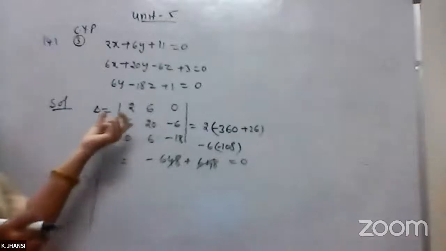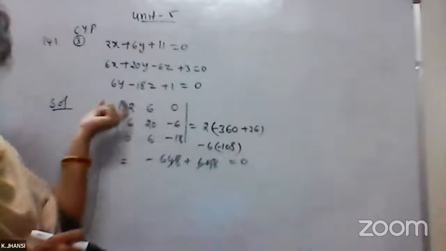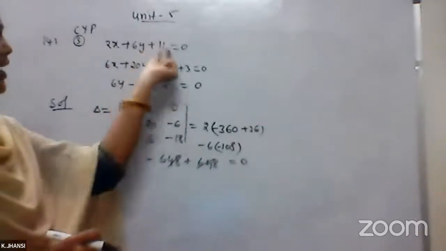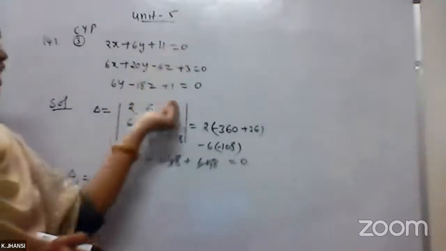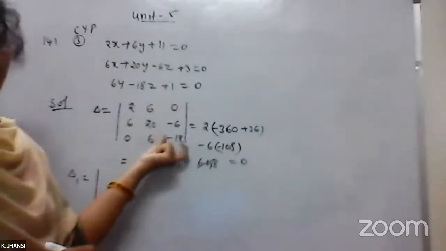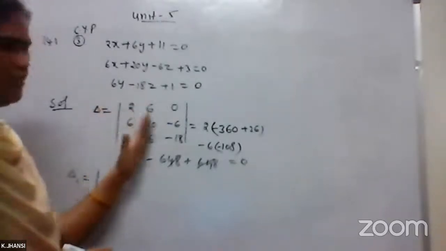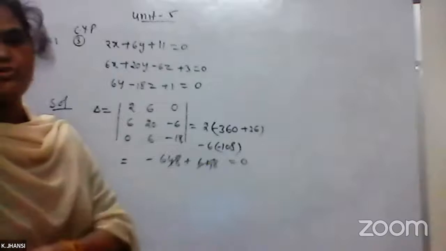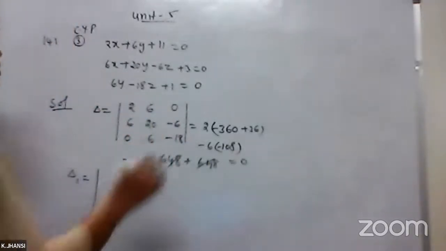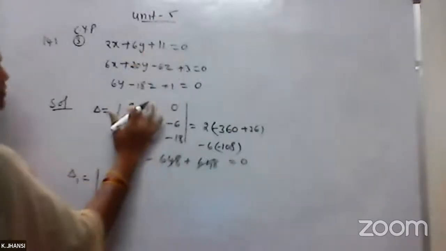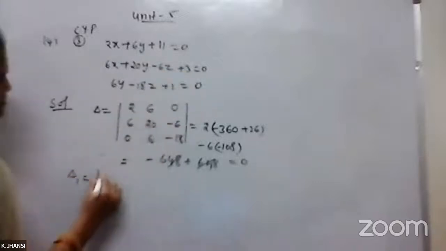With Cramer's method, in place of the first column we write the constant values. But in your textbook, the constant values are kept in the third column, and he just changes the x and y columns, that is the first and second column. So either you can use the textbook method, or else the Cramer's method. Here, in place of the first column, take the constant values 11, 3 and 1.